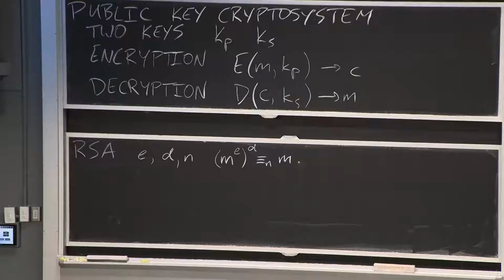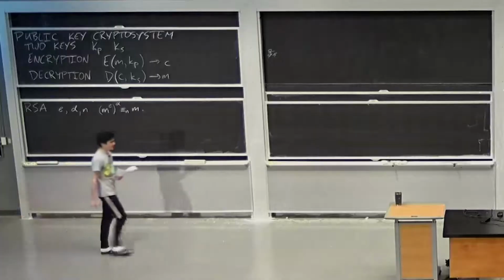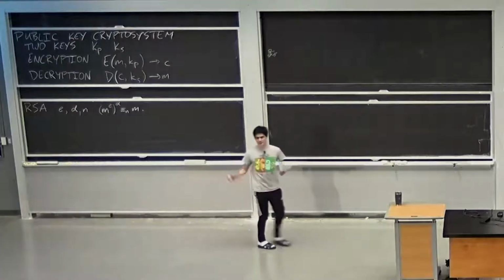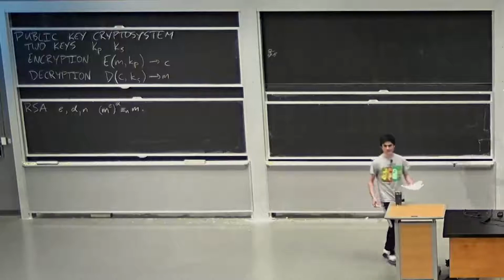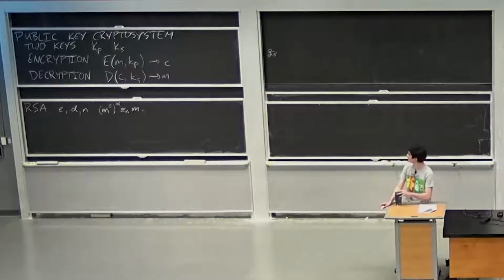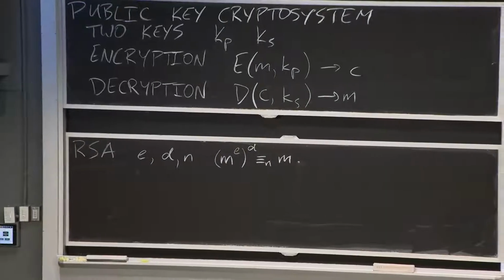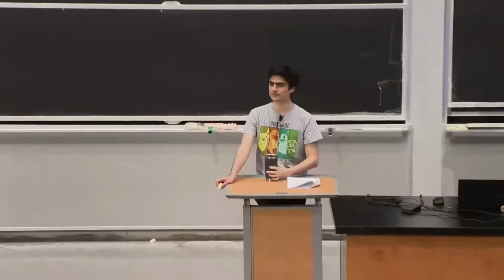So let's start with correctness for now. Let's not worry too much about security just yet. How could we choose n, e, and d such that this will at least work, even if it's not secure? Any ideas?